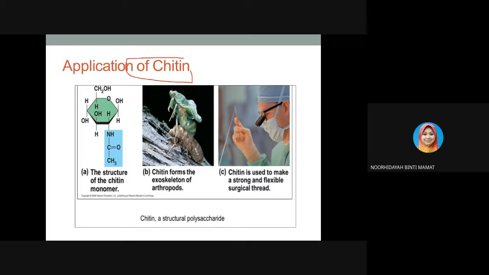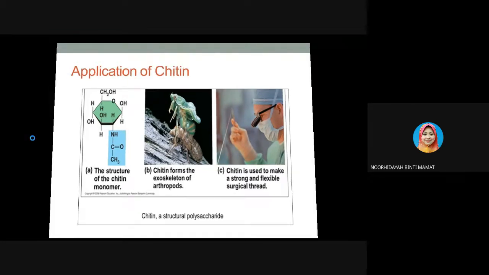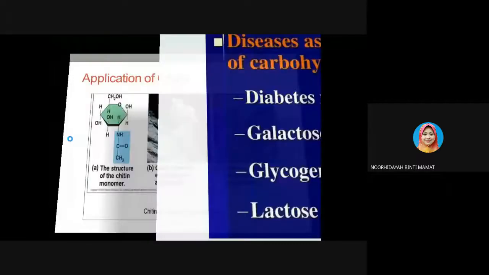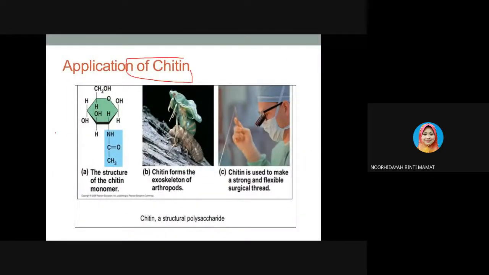This is the structure of the chitin monomer. Chitin forms the exoskeletons of arthropods. This is a function of chitin, the polysaccharide. Chitin can also be used to make strong and flexible surgical threads.